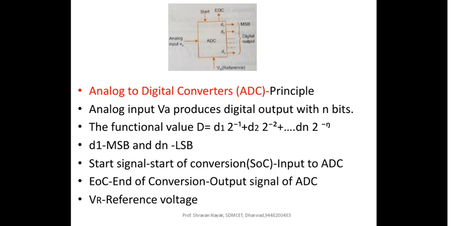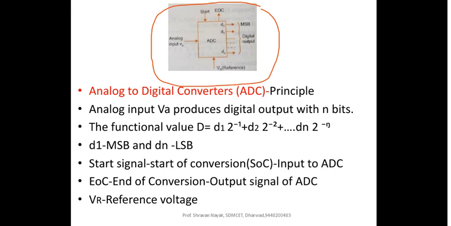Now if you look at this diagram here, this represents the principle of the analog to digital converter, or the signals that are required for the process to convert an analog signal into its digital equivalent.